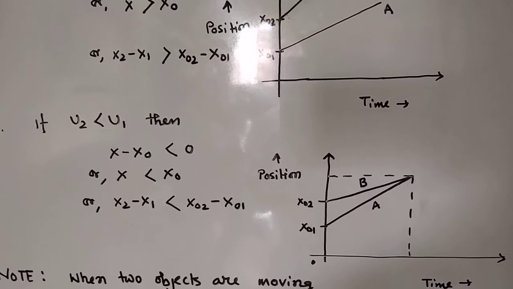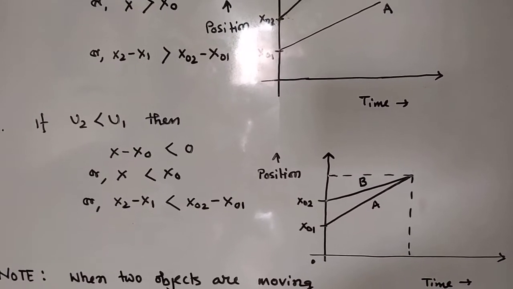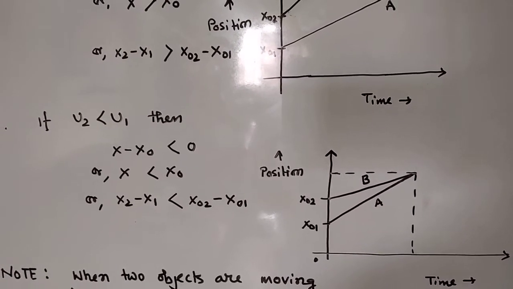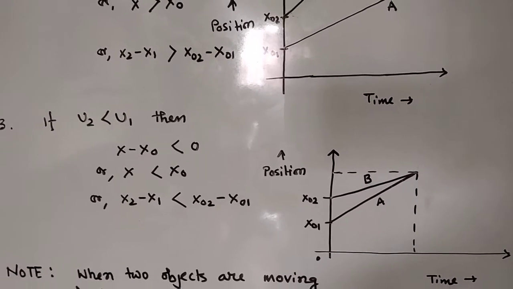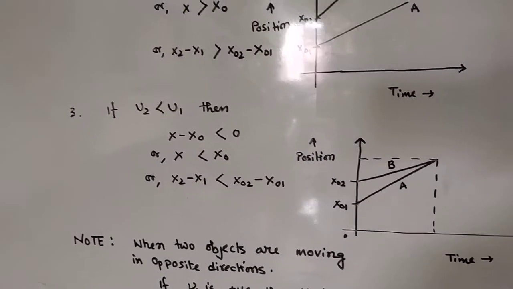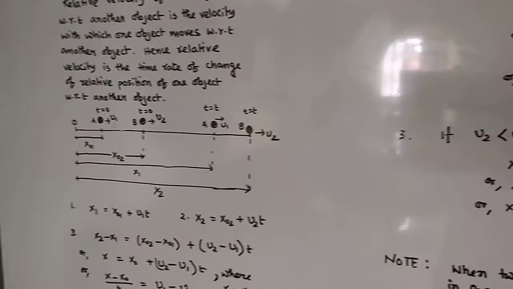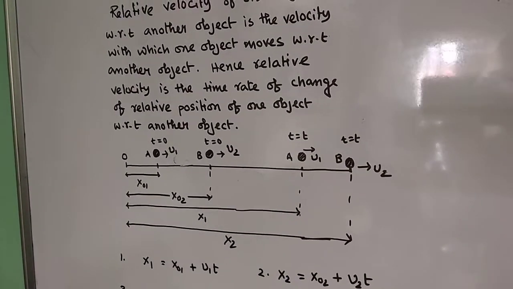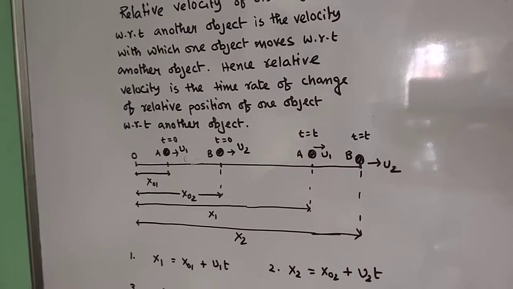The intersecting point defines the meeting point of the two objects, and the corresponding position is the position at which the two objects will meet. So obviously if v2 is less than v1, they will intersect or collide.